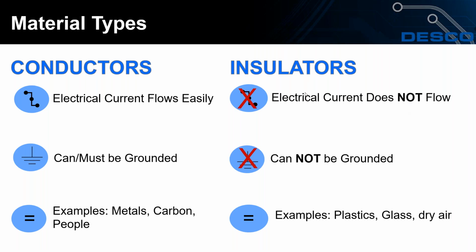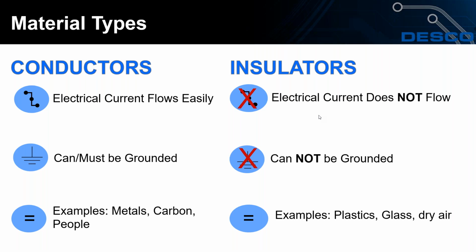Conductors, however, can be good and bad. Conductors are good when we do ground them because now they will safely dissipate that charge to ground if they get charged up or come in contact with a charge. If they're not grounded, they're capacitors basically, and they can hold a charge, which I'm going to show you in my demonstrations coming up. So we want to be sure that we keep all those conductors grounded.